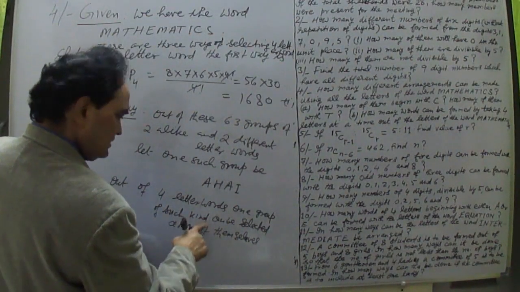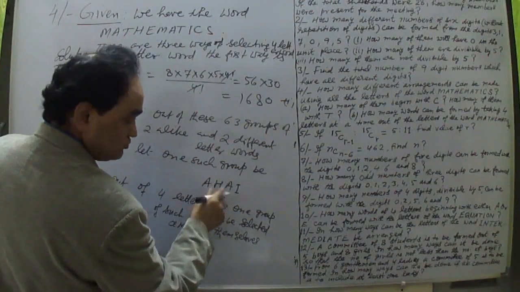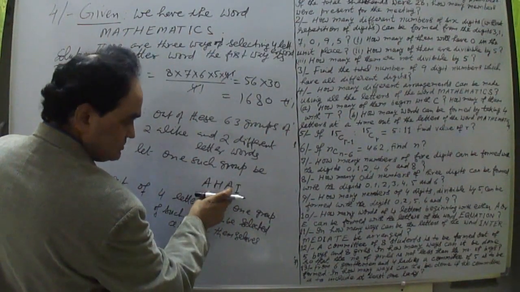One group of such kind can be selected amongst themselves. This kind of group, A, two letters word is coming.